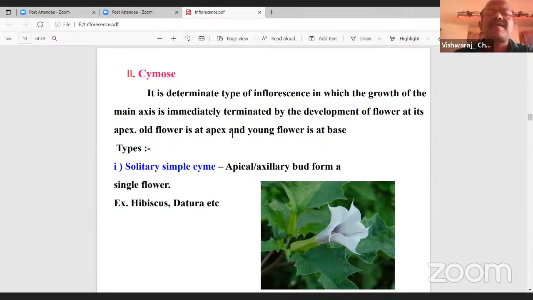The older flower is at the apex and the younger flower is at the base, opposite to the racemose type of inflorescence.